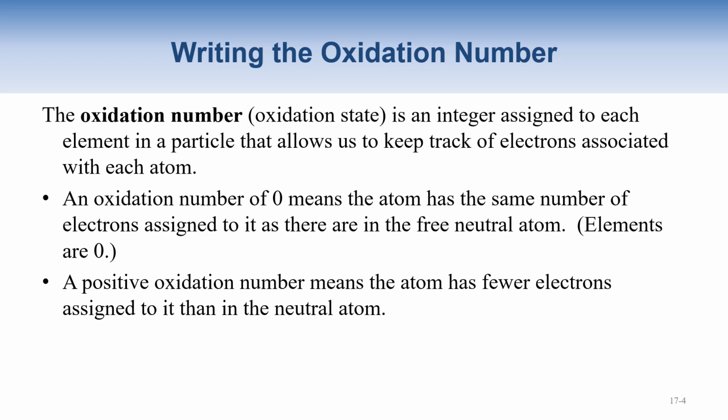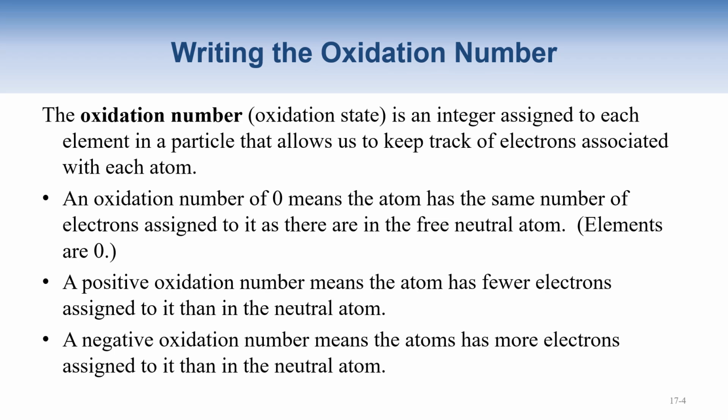A positive oxidation number means the atom has fewer electrons assigned to it than the neutral atom. A negative oxidation number means that the atom has more electrons assigned to it than the neutral atom. Electrons have a negative charge, so if you have a negative oxidation number, you have more negative charges. If you have a positive oxidation number, you have fewer negative charges.